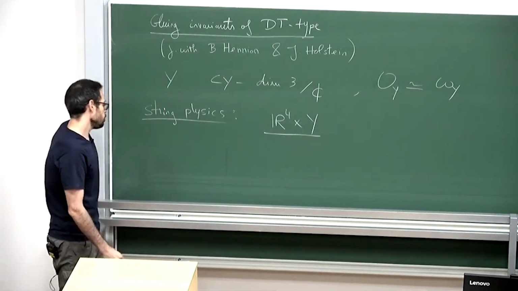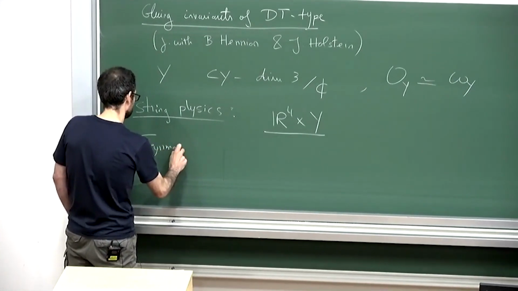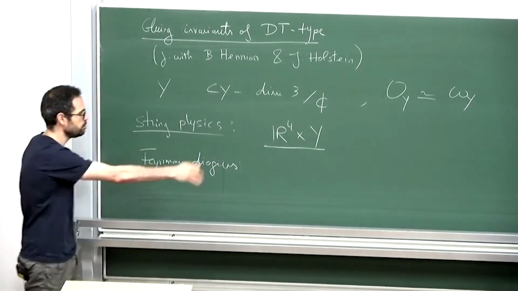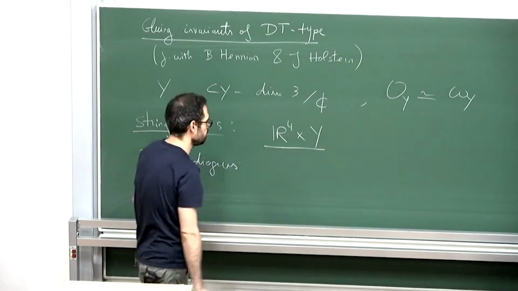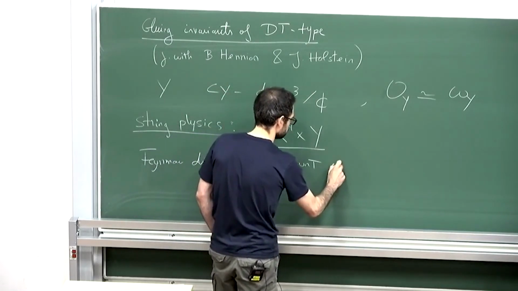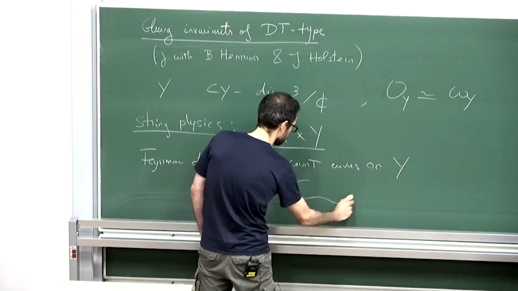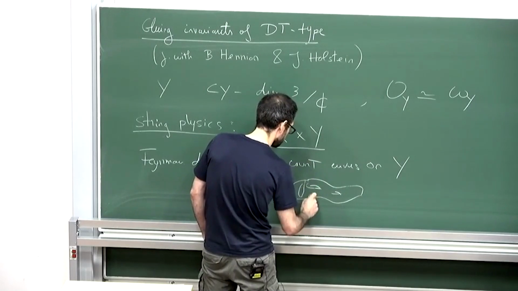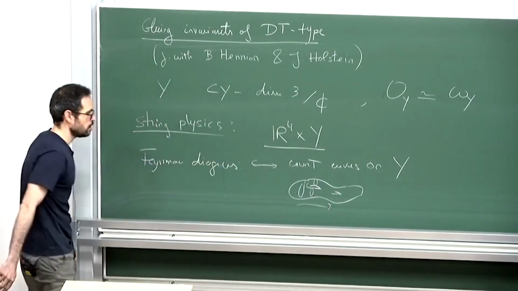And what they also understood is that if you want to do Feynman diagrams, if you want to compute trajectories of string particles in a Calabi-Yau, you will have to count curves on Y. The reason being, of course, that if you have a string particle moving in space-time, as it moves in time, it will make a Riemann surface.